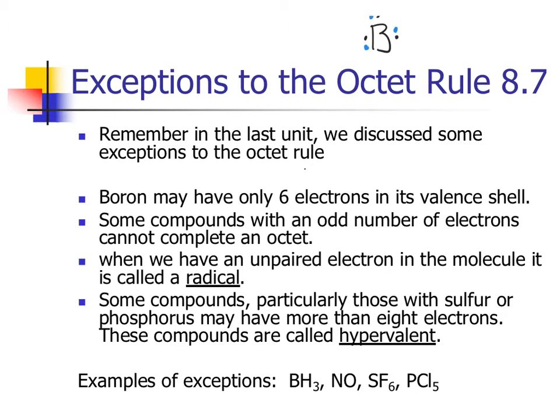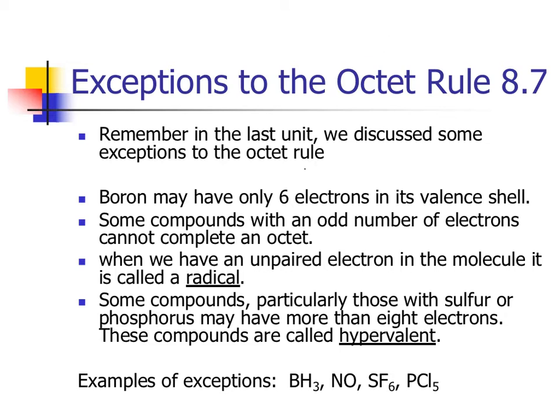There are some other ones that have an odd number of electrons that cannot complete an octet. When that happens, they have what are called radicals. Now, it is not good for radicals to exist.